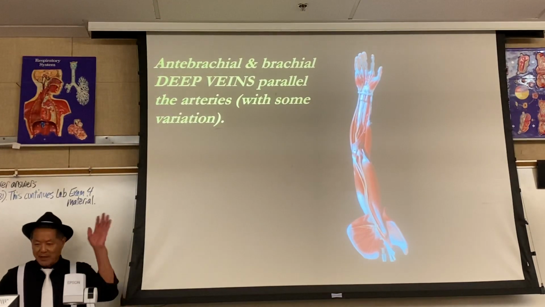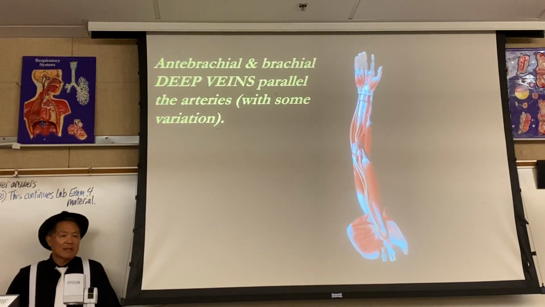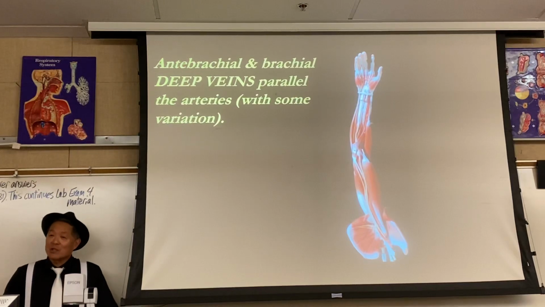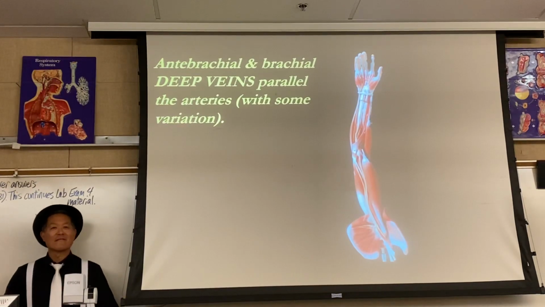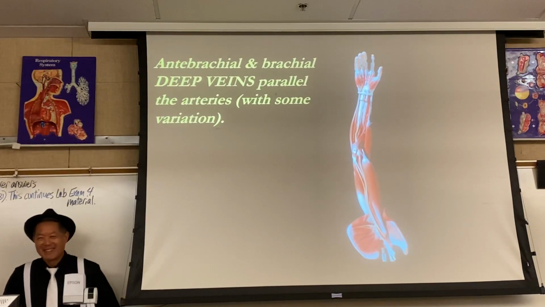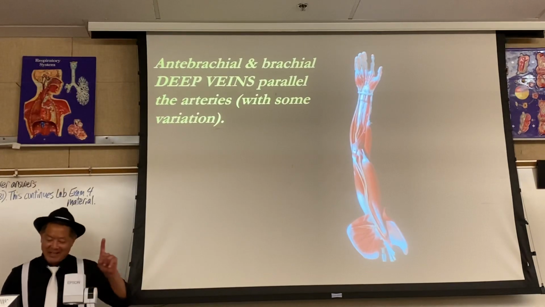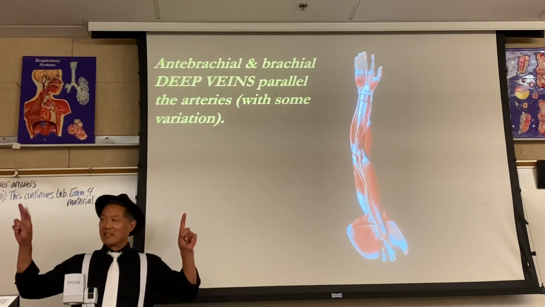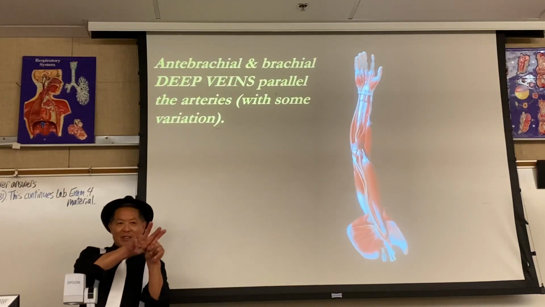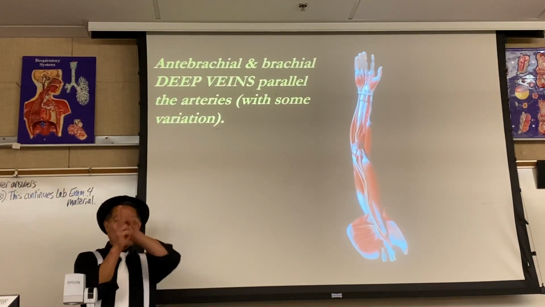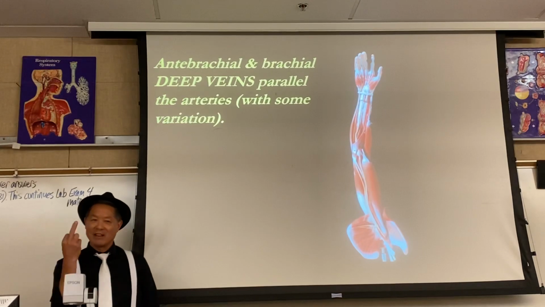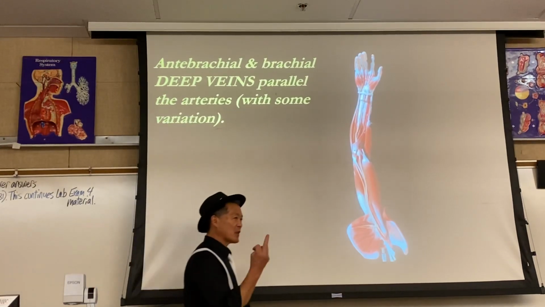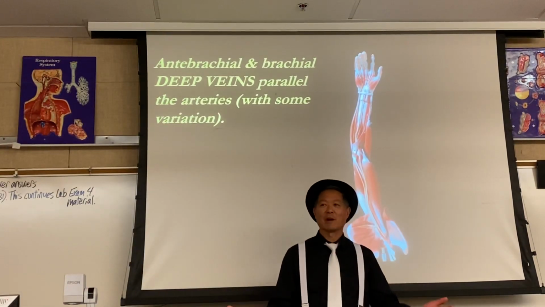That's what it's saying up here on the slide. And then you have another set of superficial veins for which you have no arterial counterpart. Say that again. You have one set of arteries, two sets of veins. The deep set parallels the arteries. Then you have the second set of superficial veins for which there are no arterial counterparts.